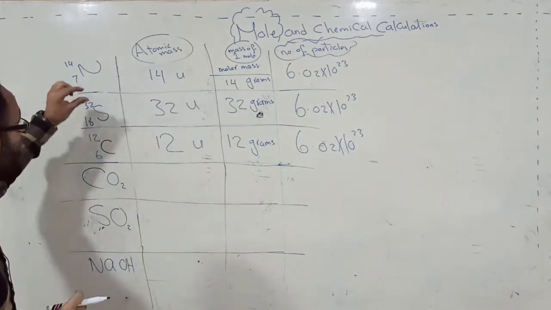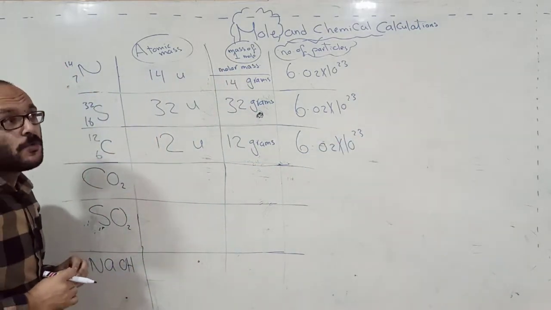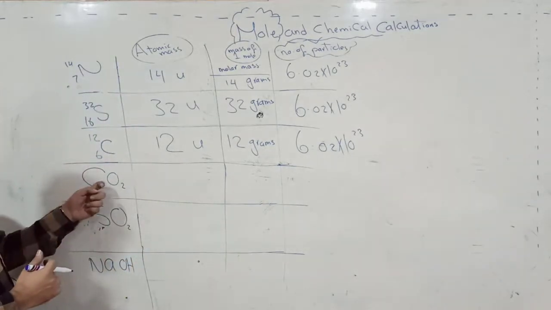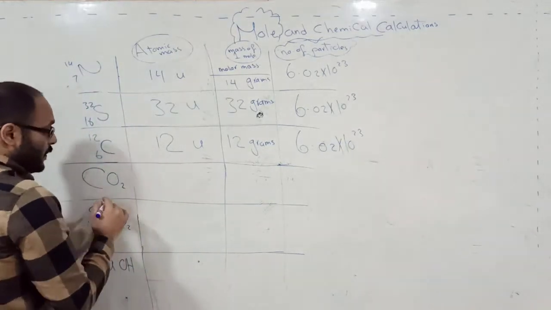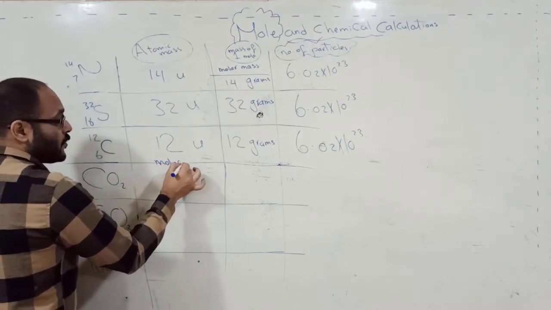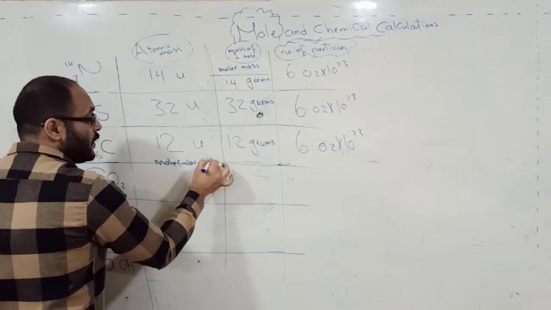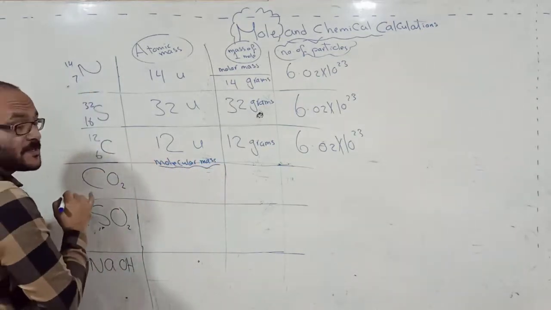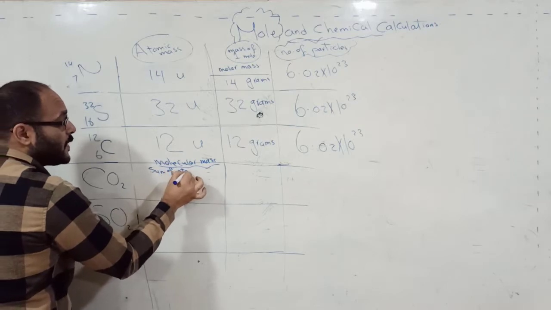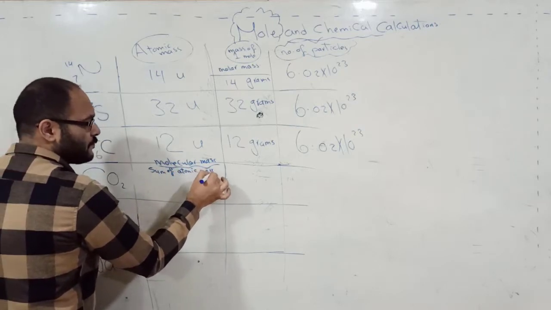That's for elements. But what about compounds? For compounds like CO2, the molecular mass is the sum of atomic masses.